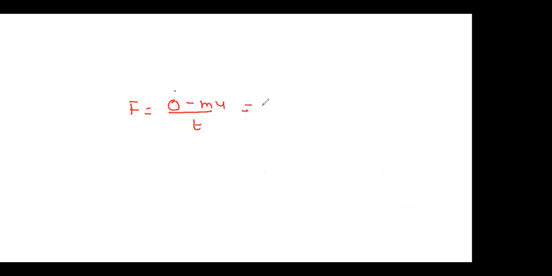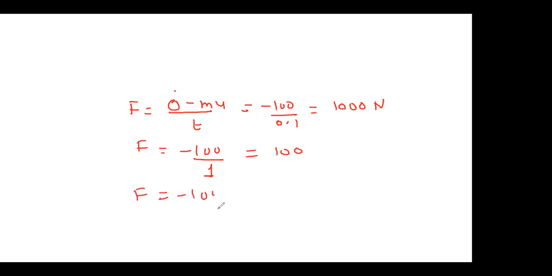I'm just telling, suppose it is 100. He stops very fast in 0.1 second. Then this will be 1000 Newton. But for the same momentum, if it takes 1 second, then it will be only 100. If it takes 2 seconds, then it will be 50 in magnitude.